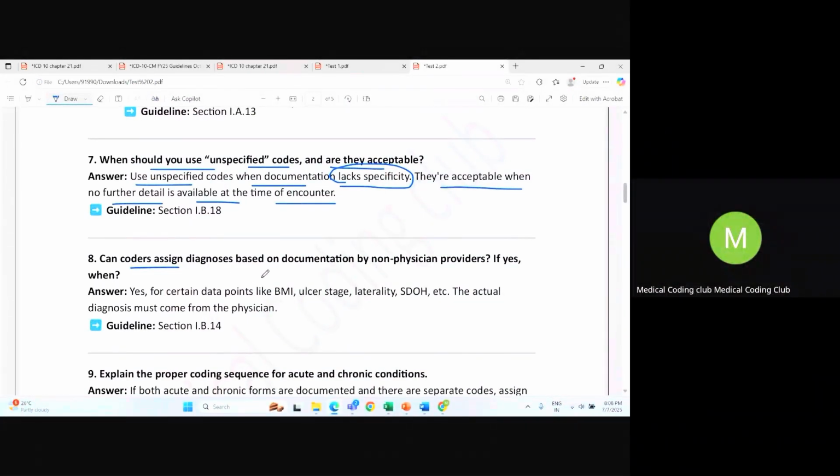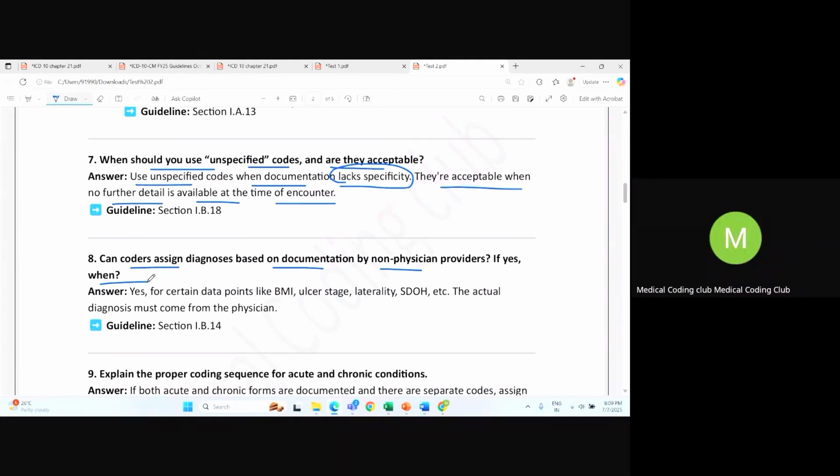Can a coder assign a diagnosis based on documentation by a non-physician provider? If yes, when? There is one coding guideline. Non-physician means a nurse practitioner or a physician assistant. Can they treat a condition, or can they only do monitoring? They do monitoring, like BP and sugar. So they are restricted to a certain level only.